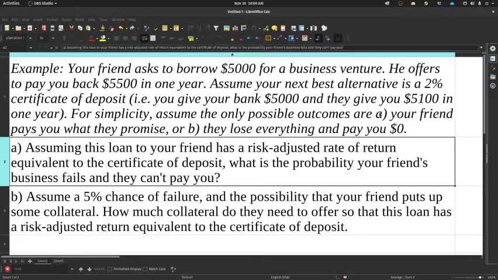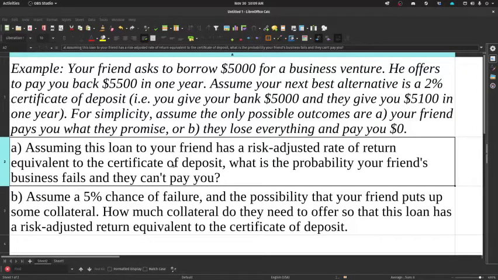Now we're going to make some simplifying assumptions. First off, we're going to assume that your friend either pays you back or they don't. So there's no middle ground. There's no they pay you back some of this. So starting with this basic setup, we want to think comparing the loan option to the CD.